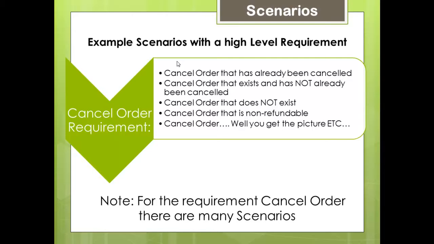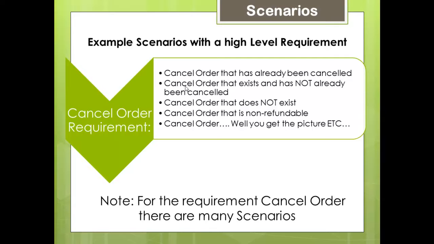So with cancel orders, there's different types of cancel order. There's a cancel order that maybe the order doesn't exist, or cancel order maybe the order is not refundable. Maybe the order has already been canceled and you're trying to cancel it again. So these are all different tests you might want to perform to validate the requirement of cancel order.